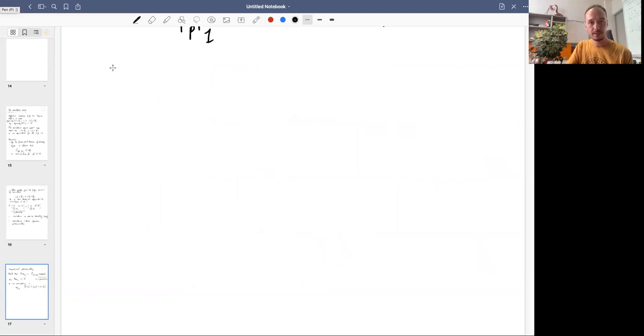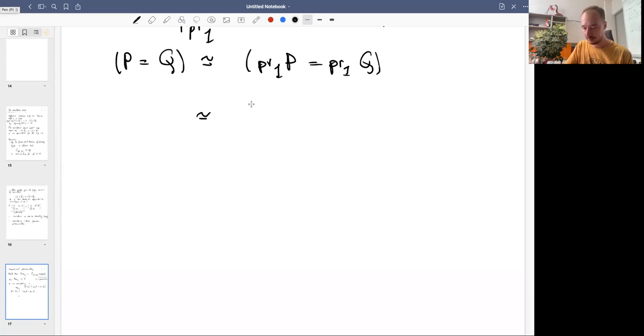So if we start with two propositions P and Q, then we can write this is equivalent to pr1 P equals pr1 Q. This now is equivalent to pr1 P is equivalent to pr1 Q, and we can even go one more step because we know that a map between propositions is an equivalence if and only if there's a map back.